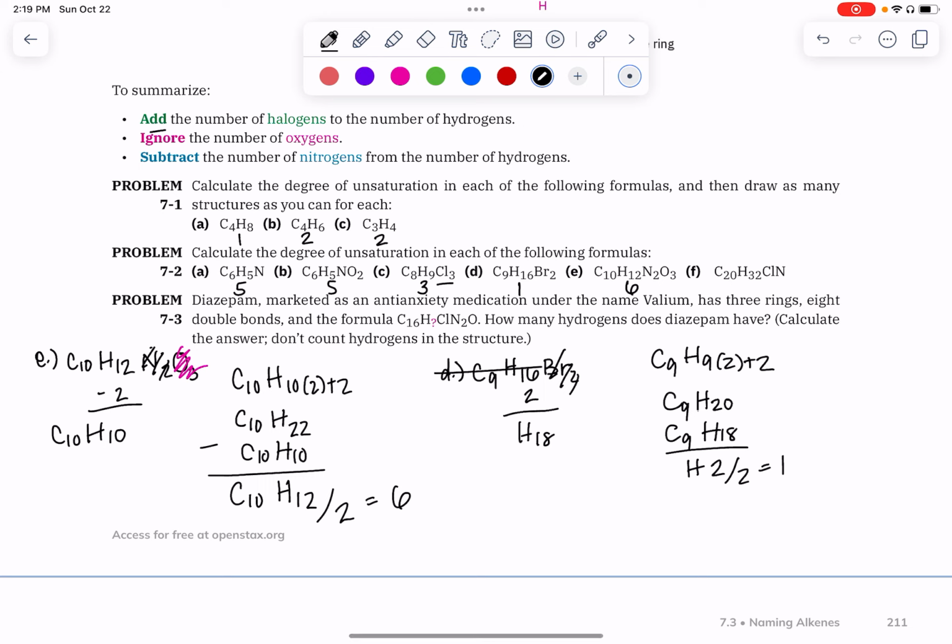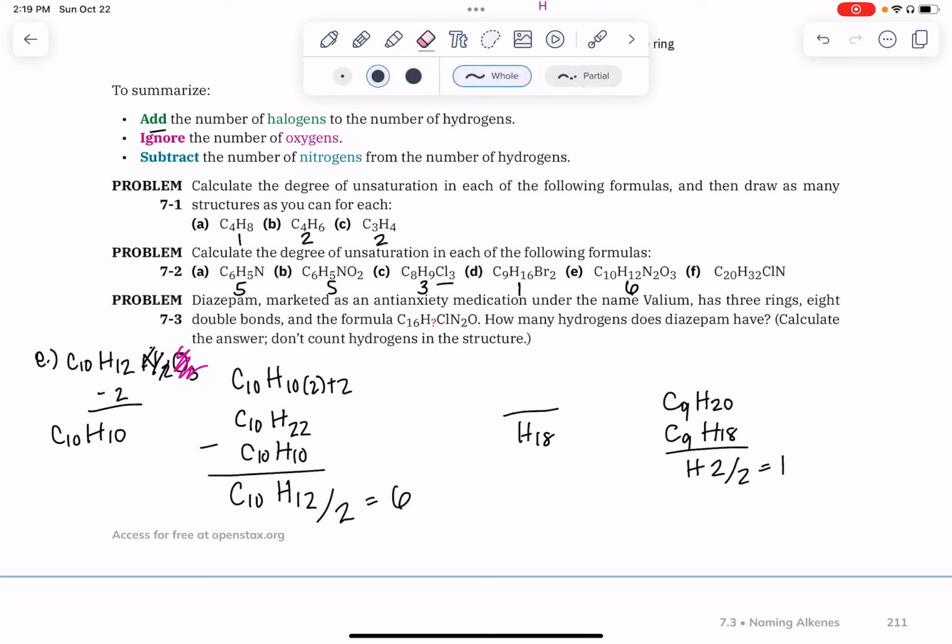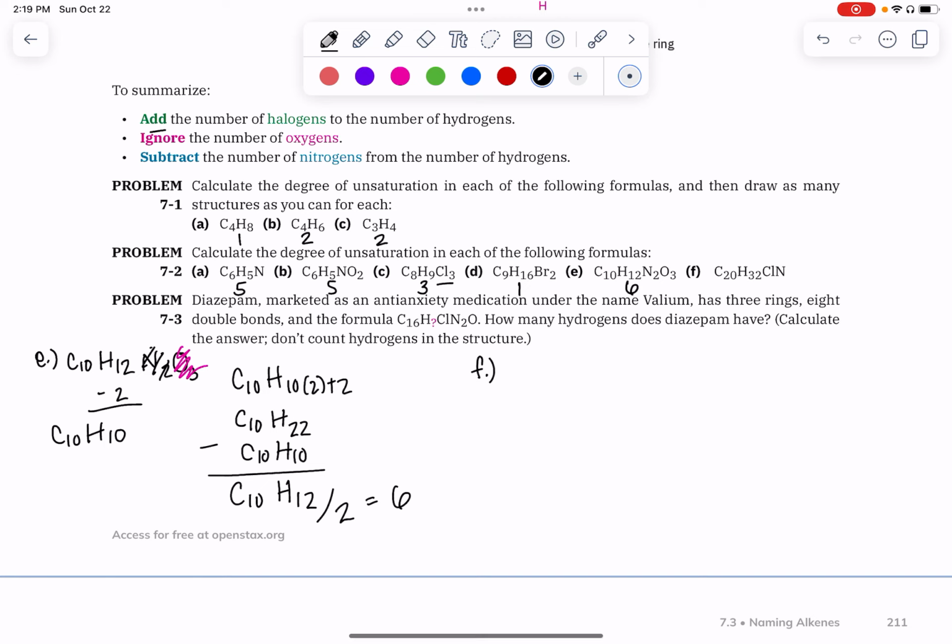Okay, let's go on to the last one, F. F is saying that we have C20H32ClN.